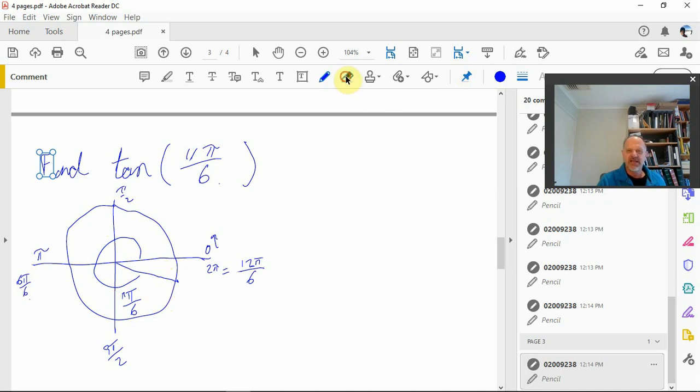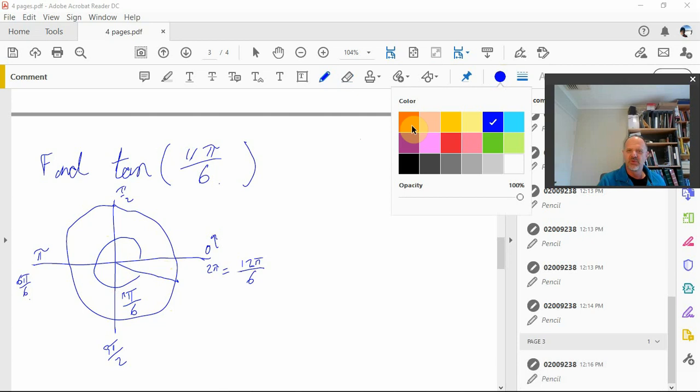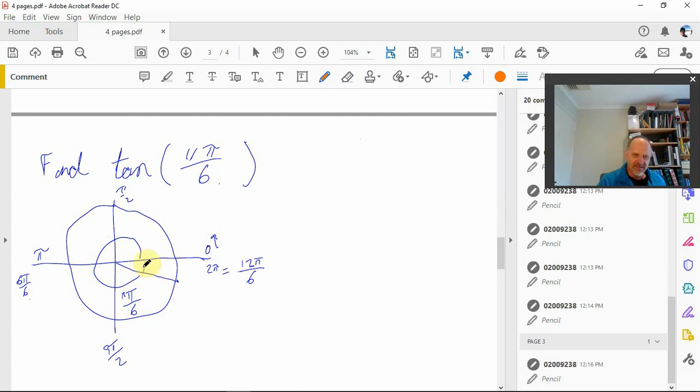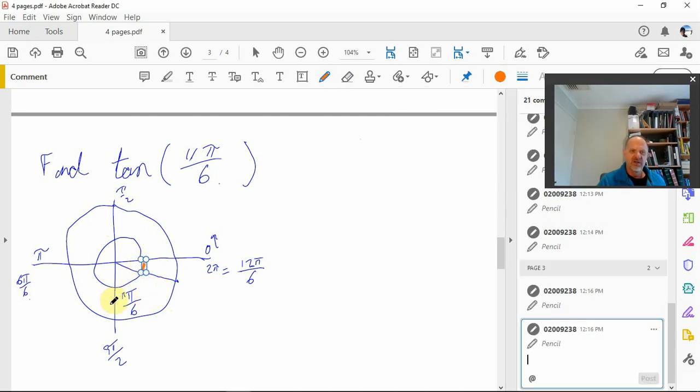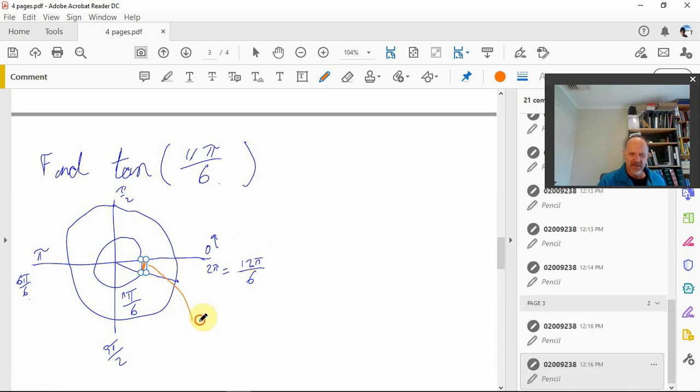Now our reference angle, and remember as I was saying, the reference angle is always between the line and the x-axis. So that's this one here. Well, if that's 11 pi's on 6 to there, and a full circle is 12 pi's on 6, then that angle in there is 1 pi on 6. All right, so what have we got to do?